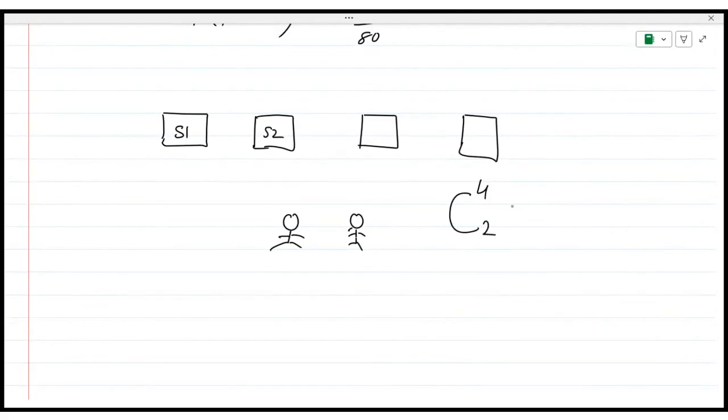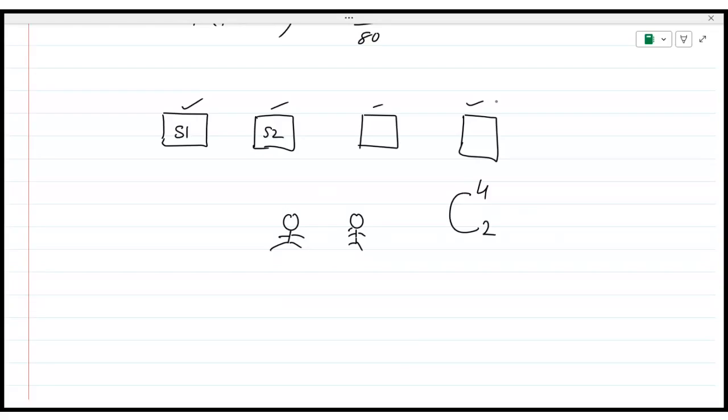It means if we have four things, like these four chairs 1, 2, 3, 4, and we want to pick two chairs for these two students, then in how many different ways can we do it? How many different possible combinations are there? That we can find with the help of 4C2. This concept will be used multiple times.